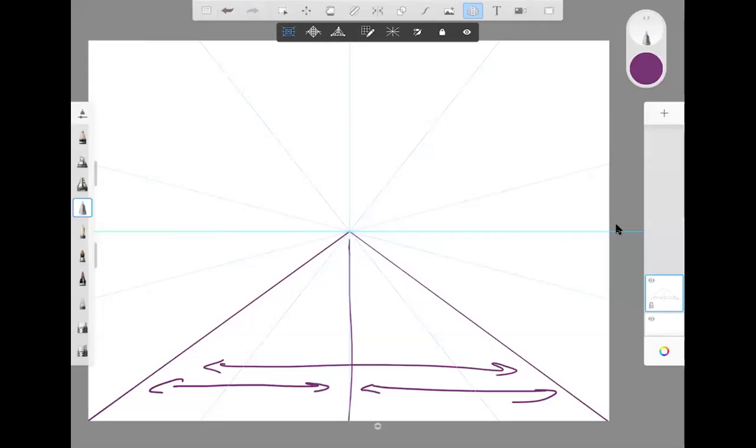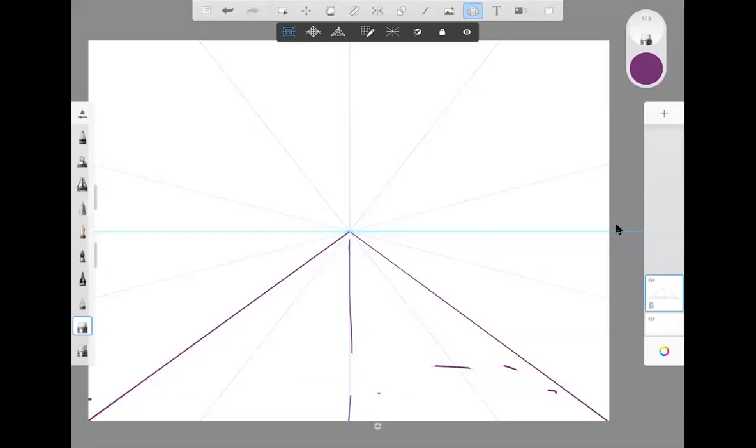I'm going to perceive that the curb is going to be about here. Might still be a bit too high, but we need to be able to see what we're doing as well. I'm going to erase these lines so they're not confusing. We're going to come back to the lines down the middle of the road later.